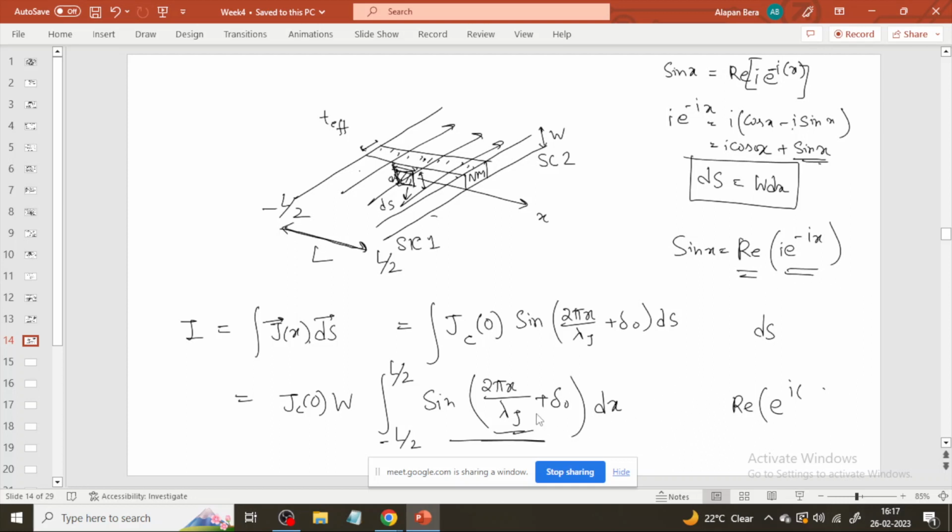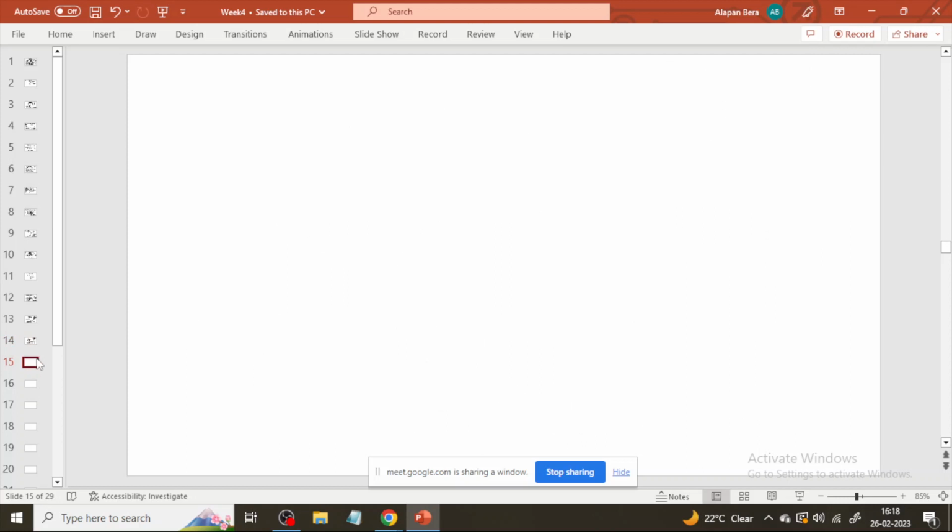The interior part just replaces this x, so let's go to the next page. This will be given as J c0 times the real part of the exponential term, with delta x.